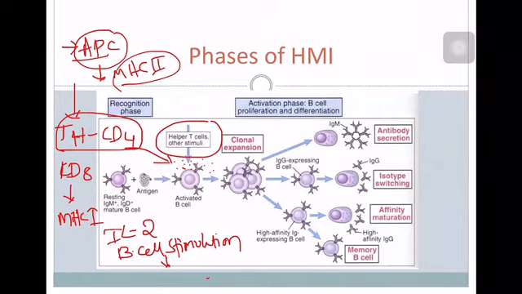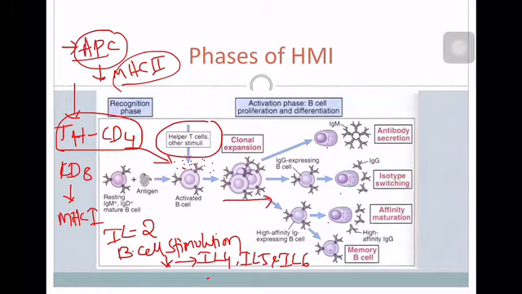The cytokines that stimulate the B cells are IL-4, IL-5 and IL-6. These cytokines act as B cell activating factors and B cell differentiation factors. So these cytokines activate the B cells to proliferate clonally and to differentiate into antibody secreting plasma cells.